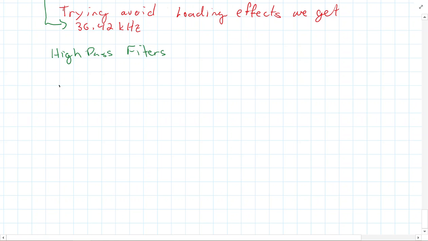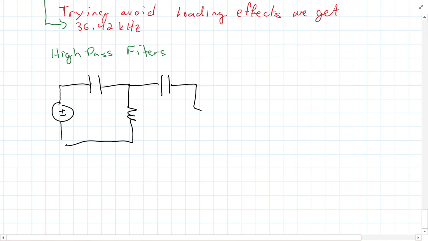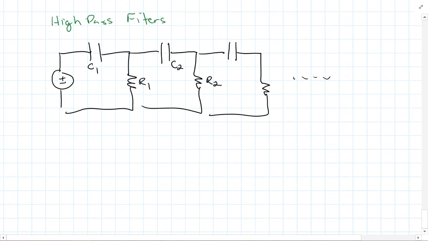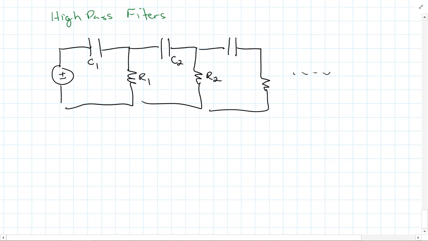High-pass filters, so on and so on. C1, R1, C2, R2, so on and so on. And these give us high-pass filters. And there's not much to talk about here.